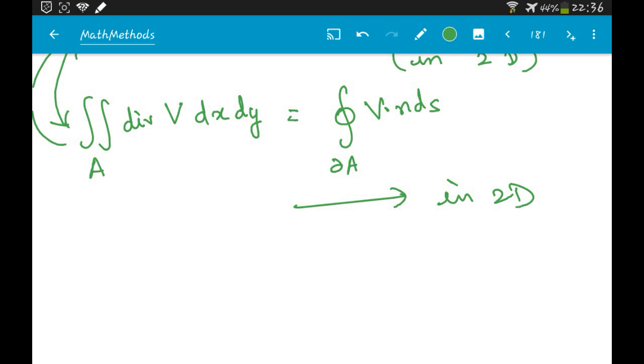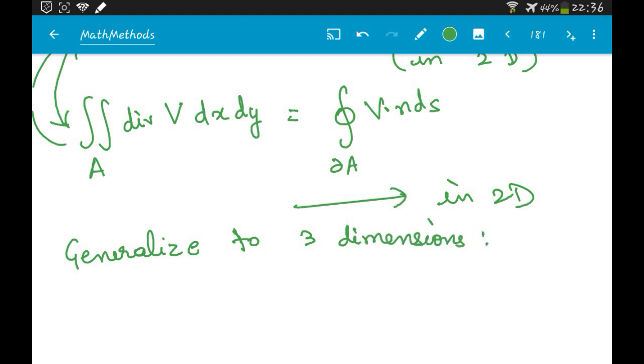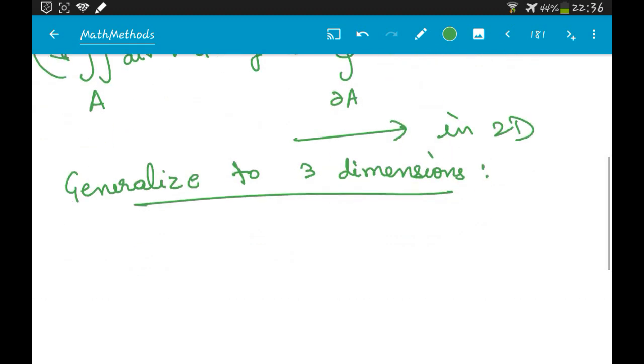Now this is in 2 dimensions, so we can generalize it to 3 dimensions. What will it be? It will be a triple integral over the volume, which is generally represented as tau.